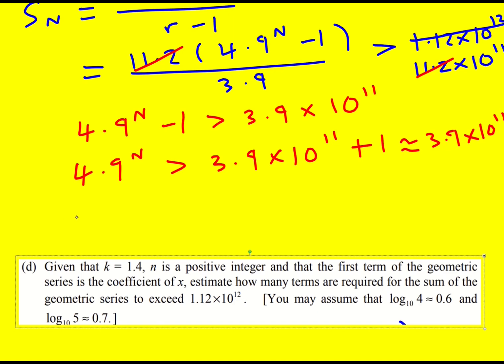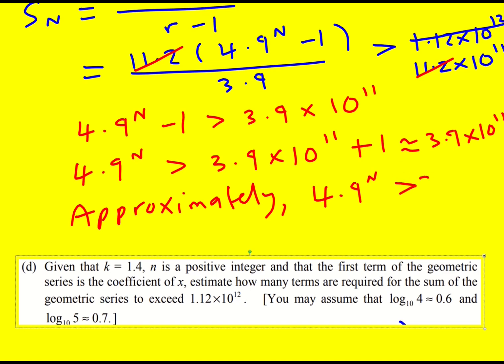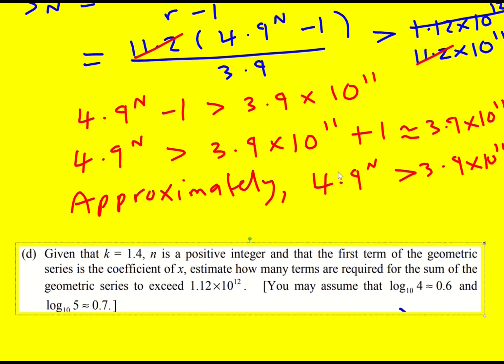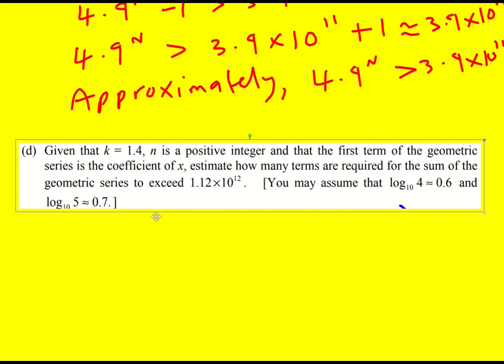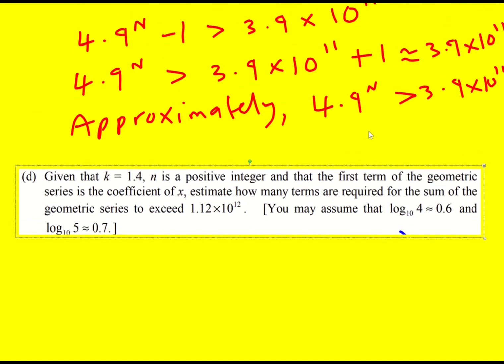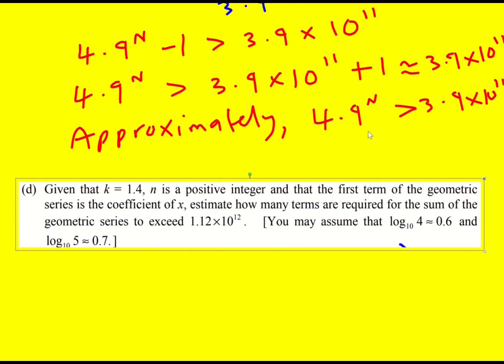So approximately 4.9 to the n is bigger than 3.9 times 10 to the 11. All right, I'm ready to take some logs. Maybe before I take logs, I just need to say this.